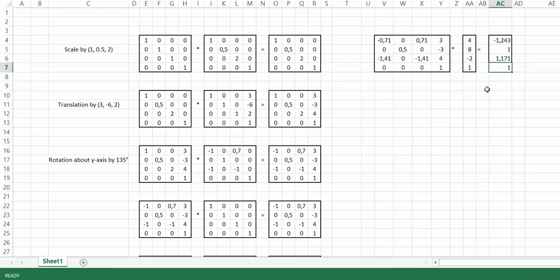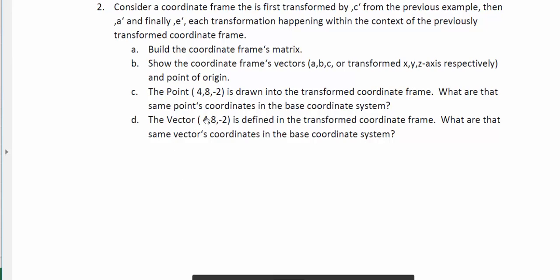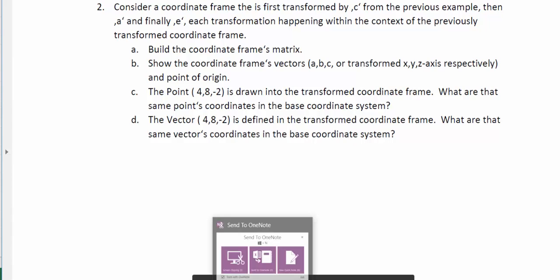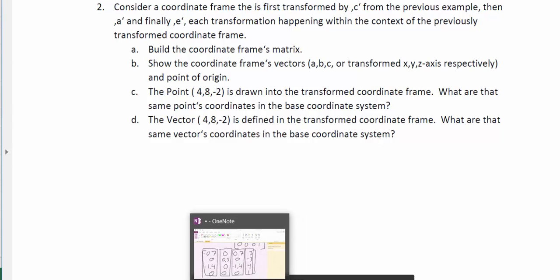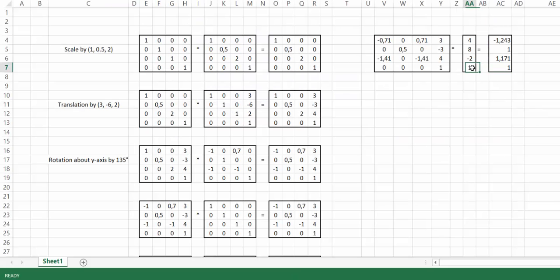This is the answer. And finally, the vector 4, 8, minus 2 is defined in the transformed coordinate frame. What are the same vector's coordinates in the base coordinate system, or the global coordinate system? And the answer to that is now this. So we get something different simply because the point of origin doesn't affect it.